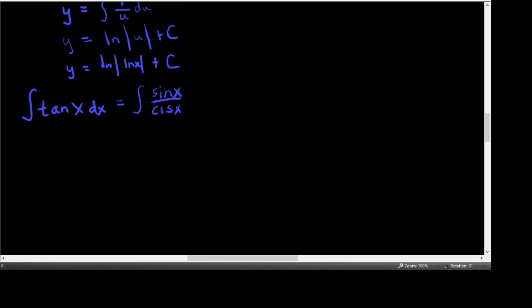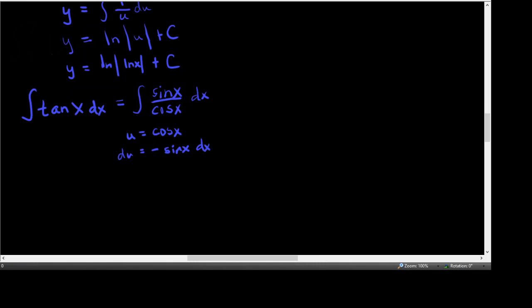So if we do that substitution, we now have a denominator whose derivative is in the numerator, or sort of in the numerator. If u is the denominator, cosine x, du is the opposite of sine of x multiplied by dx.